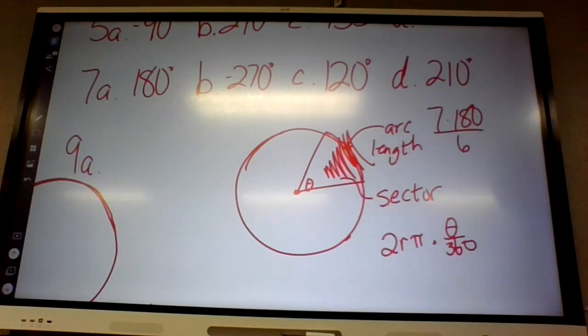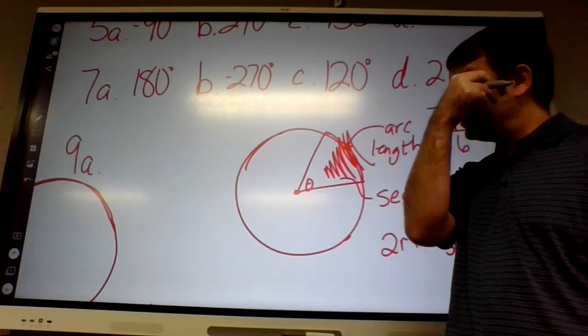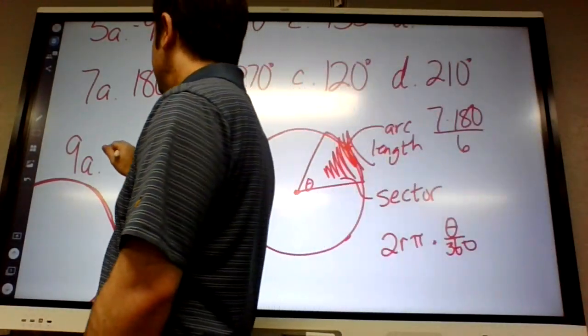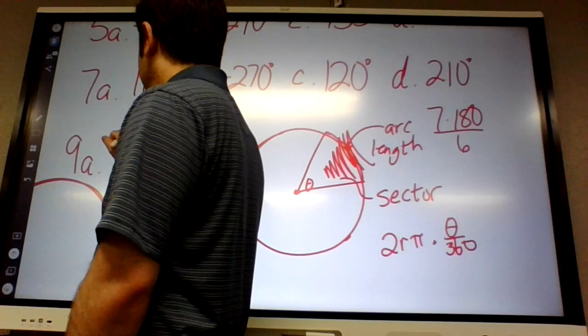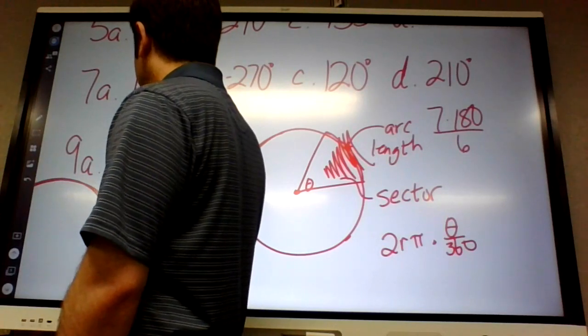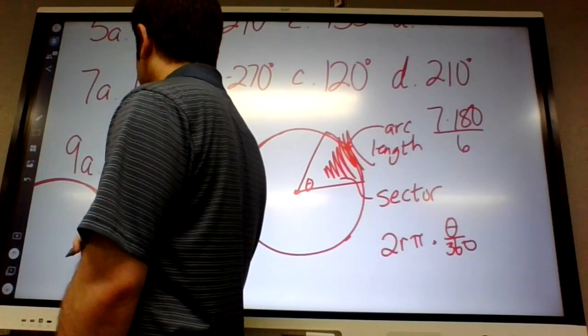But if it's in radians, the formula is a lot easier. You just do the radius times the angle equals arc length.